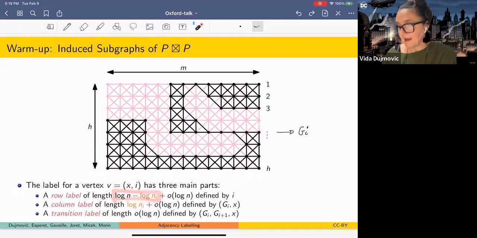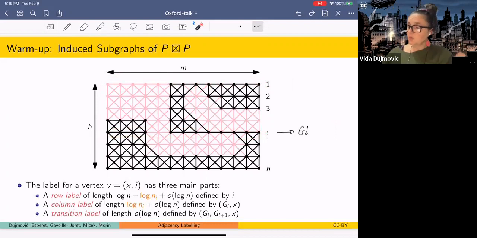So what is this N_i here? We have a row 1. In row 1, I have N_1 vertices. In row 2, I have N_2 vertices. So the number of actual vertices in each row, I'm going to denote by N subscript i.